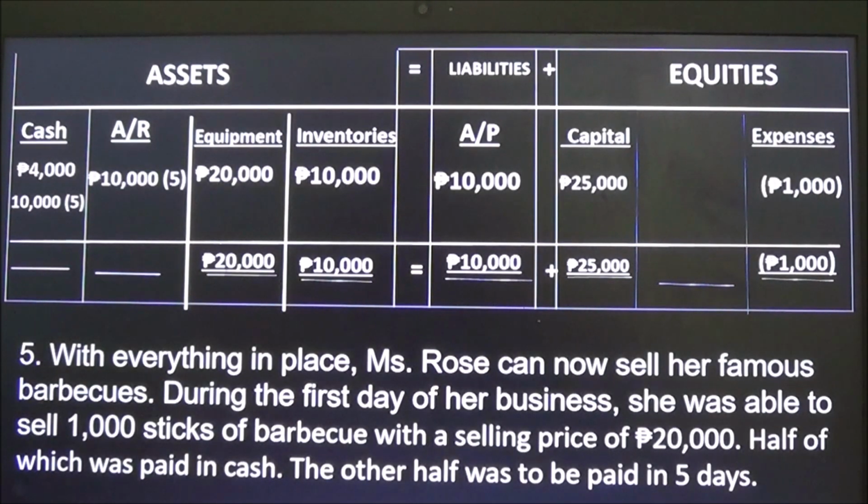She has 10,000 pesos account receivable now. On the other side of the equation, what accounts will be affected? 20,000 pesos represents the sales or revenue. So the amount is 20,000 pesos. Now we're going to check our accounting equation.